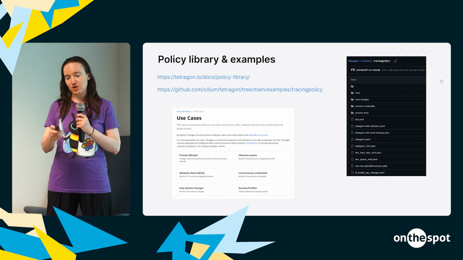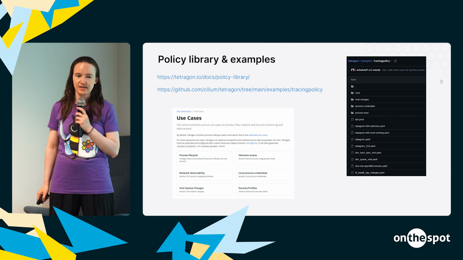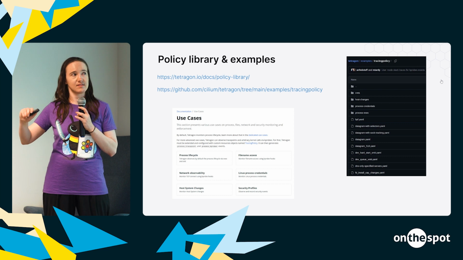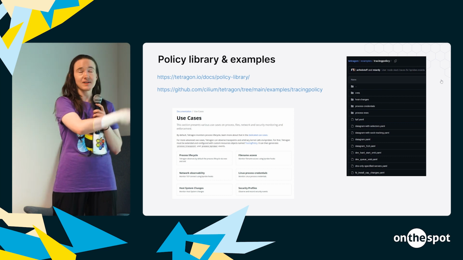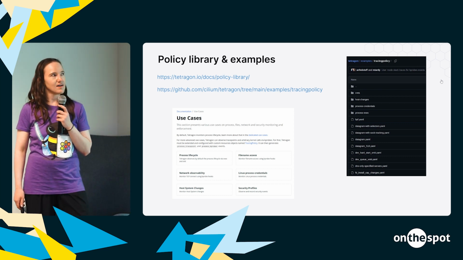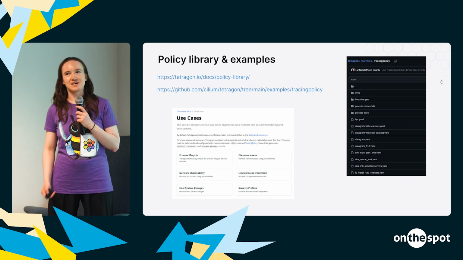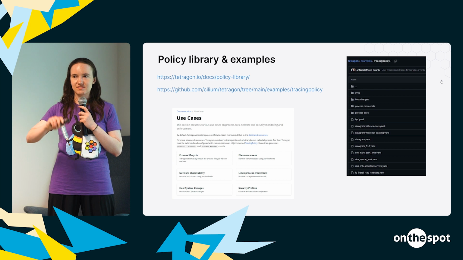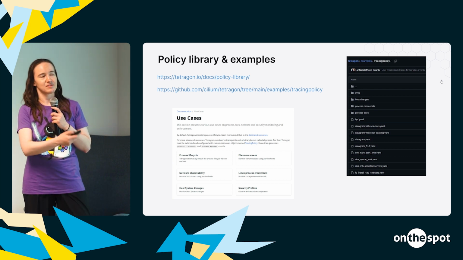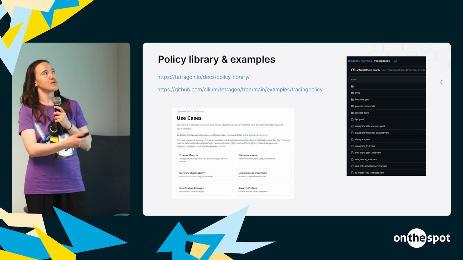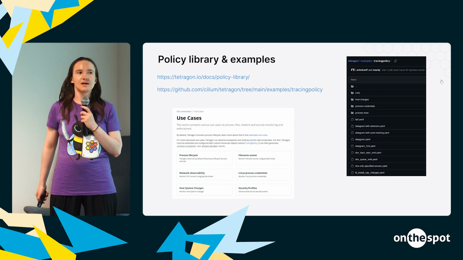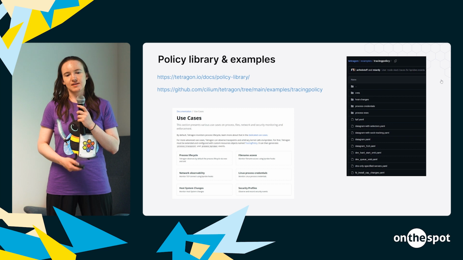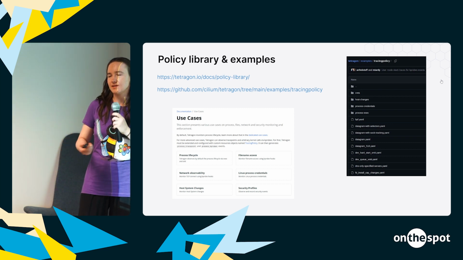we developed a sort of policy library. The Tetragon team has a few kernel engineers who actually write these policies a lot. I'm not one of them, but there are a few people who know all these kernel functions in deep detail and can write the policies. And we have a policy library in the Tetragon documentation, and also an examples directory in the Tetragon repository. The examples are community maintained.